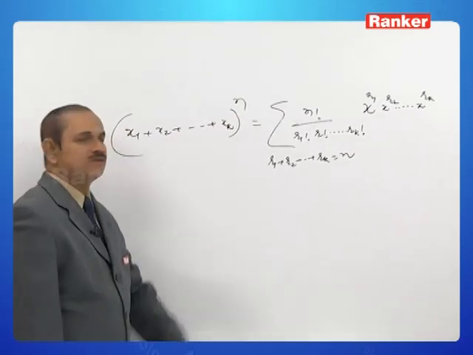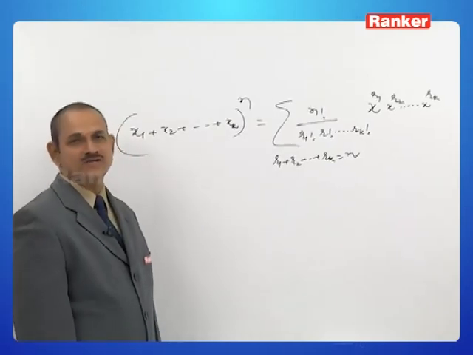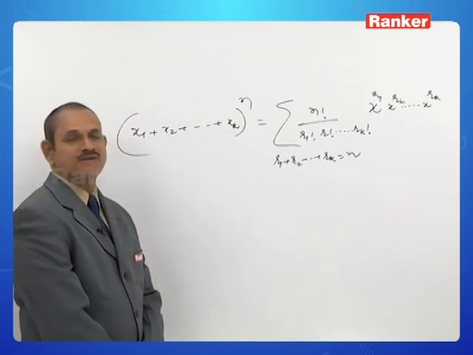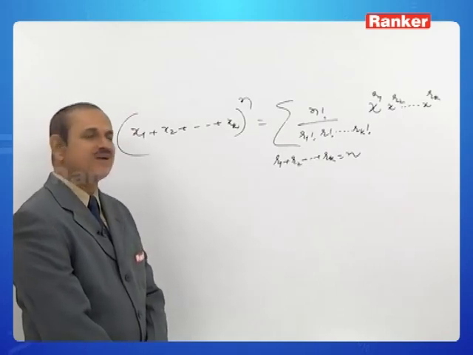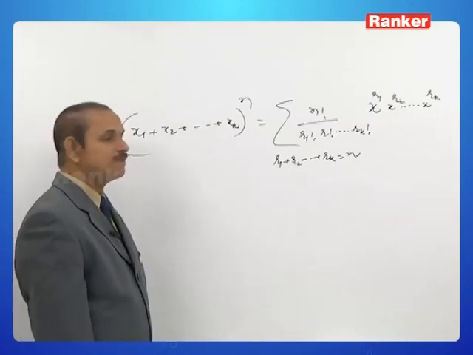This is the way in which we expand the multinomial expansion. (a + b)^n is the binomial expansion, (a + b + c)^n is the trinomial expansion, and this is of course the multinomial expansion.